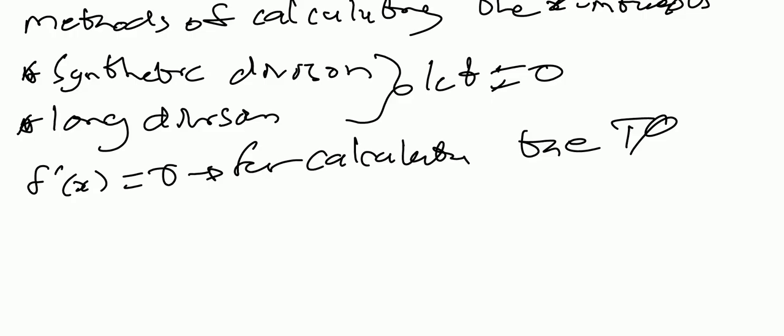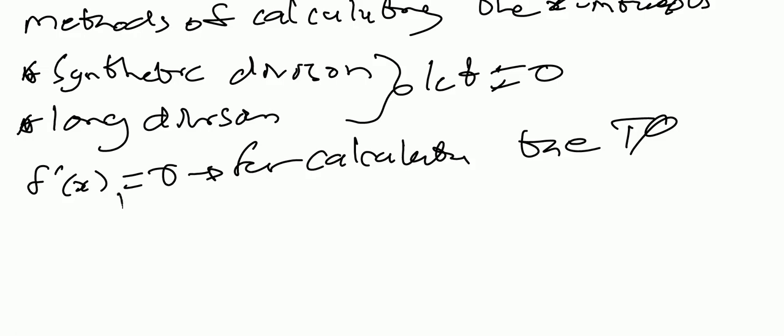Since our graph is going to increase, decrease, and increase, or decrease, increase, and decrease, it is always going to have a maximum turning point and a minimum turning point, or vice versa. So it depends. When looking for the coordinates of your turning point, you take the first derivative, which is f prime x, then you equate it to 0.